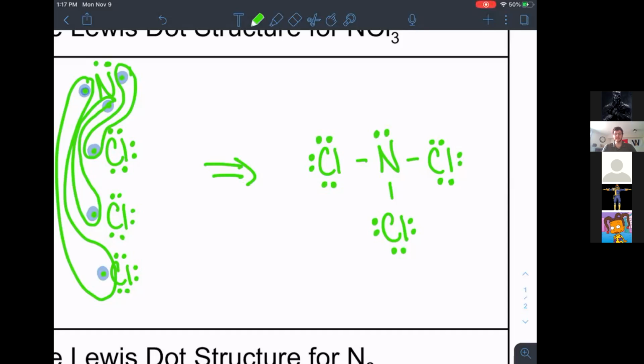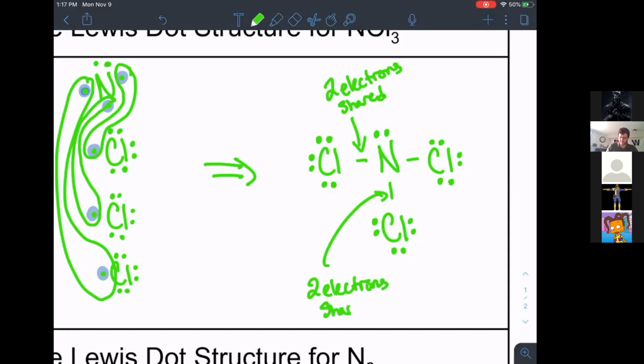Wait, so how many are being shared? So this one is 2 electrons shared. This one is 2 electrons shared. And that one is 2 electrons shared.